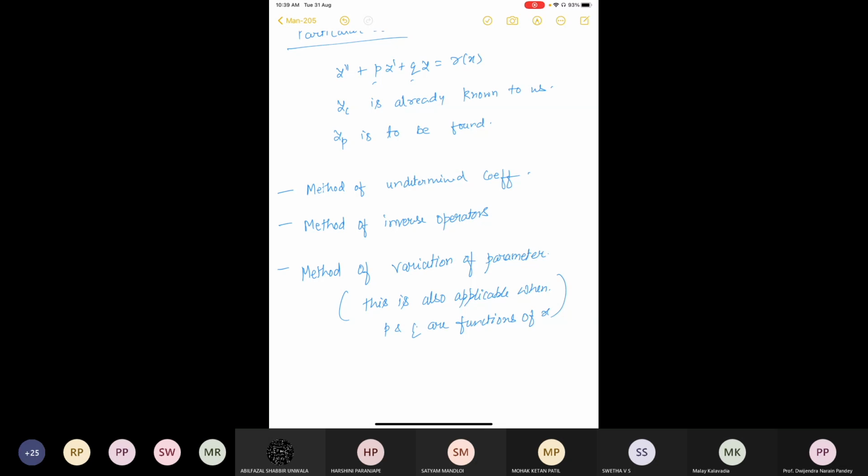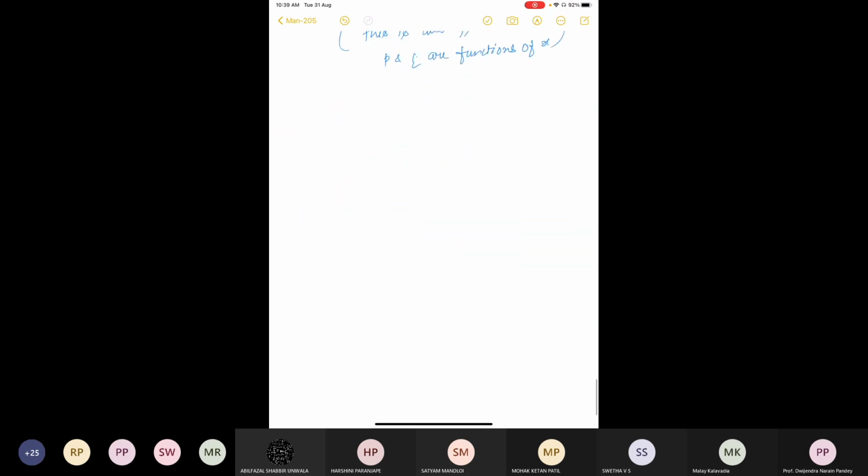So let us first move to the first method, that is, the method of undetermined coefficients. We will try to understand why it is called the method of undetermined coefficients and then proceed. Is it okay? So first let us write it.